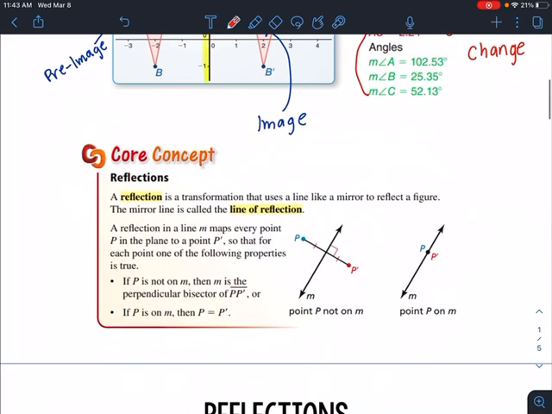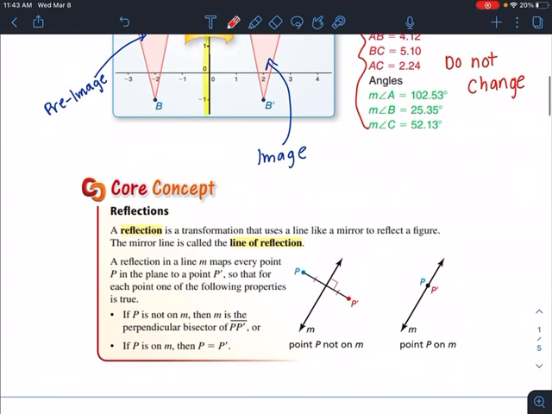Okay. If we scroll down to here, again, this is just more of a definition, but one thing I wanted to highlight is that if your point or your shape is anywhere on the line of reflection, it's just going to remain on that line of reflection. So if you reflect this point A across the line I just drew, you should have A prime here.